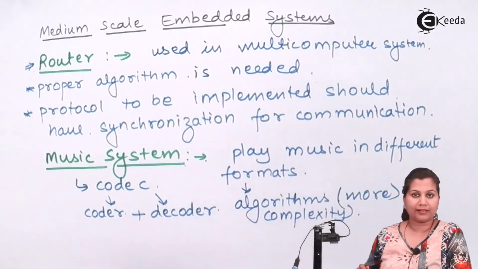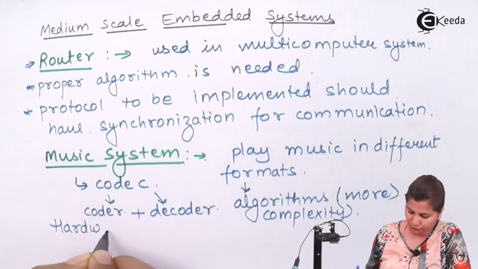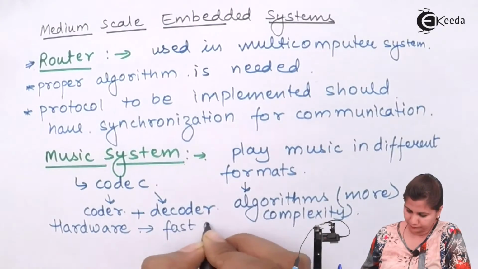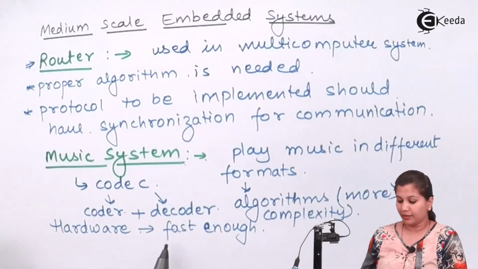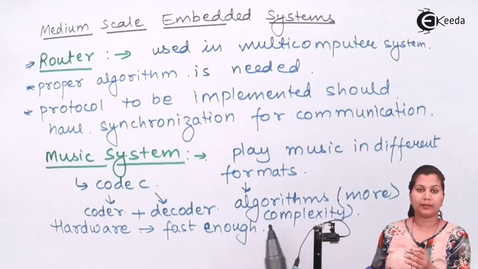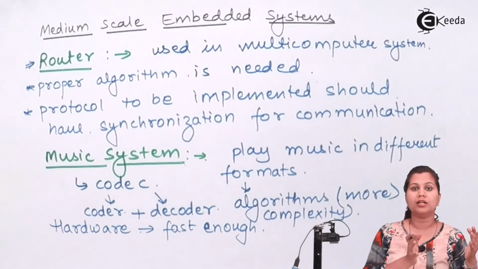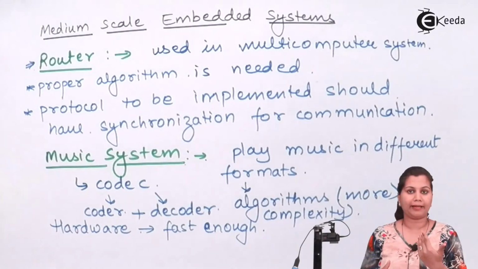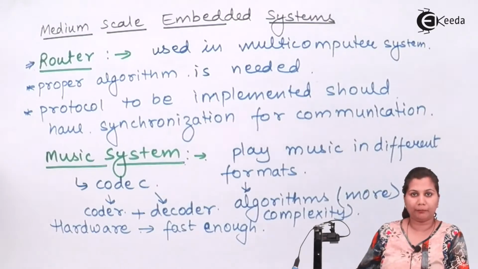Not only the software, that is the algorithm and programming part, but also the hardware requirement for this system is very complex. Its hardware should be fast enough, and for the hardware and software, the microcontrollers used should be of a higher size, from 16 to 32-bit microcontrollers, like high-end microcontrollers, so that they can handle the memory and the algorithms can be developed in it.